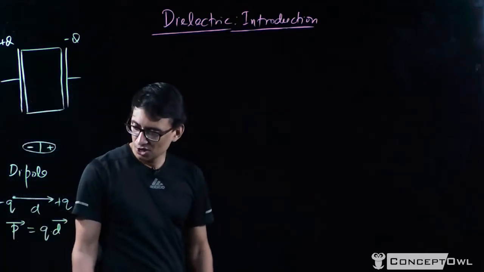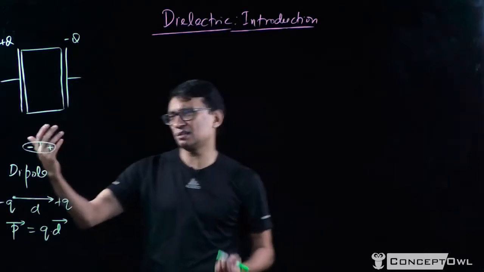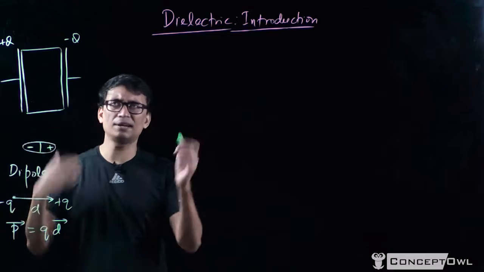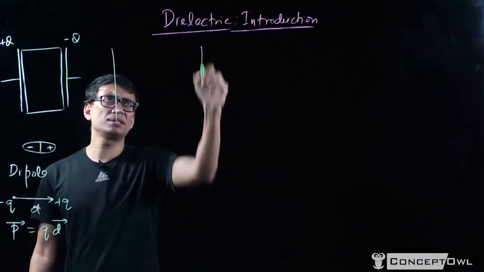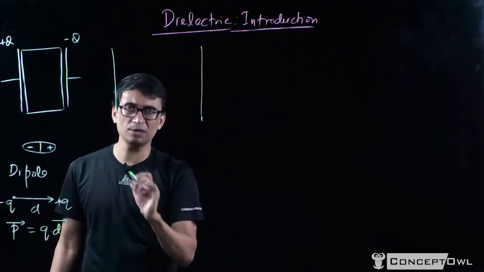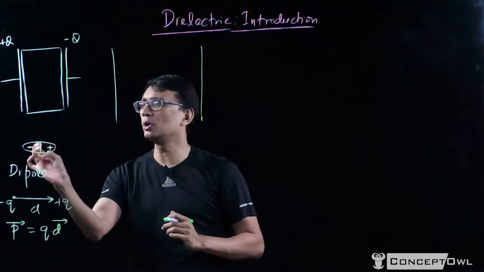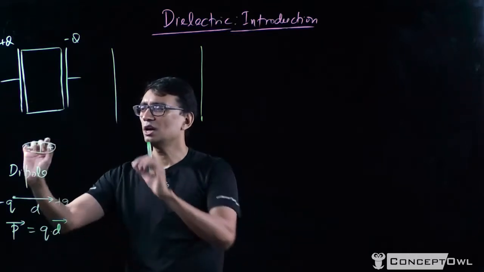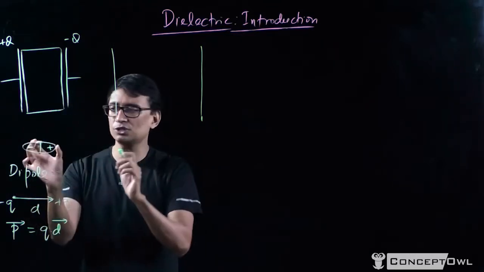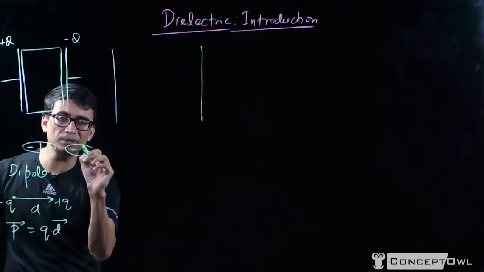Okay. So now what happens normally? Let's say there is some dielectric material. First take the case of polar molecules. What will happen? There are these polar molecules which will have different orientations, right? It would not be like all of them would normally be aligned plus and minus.